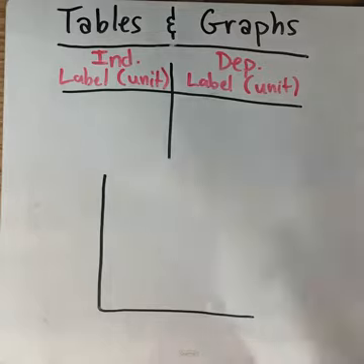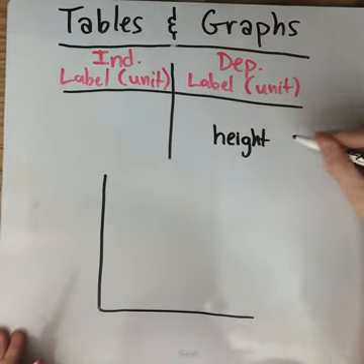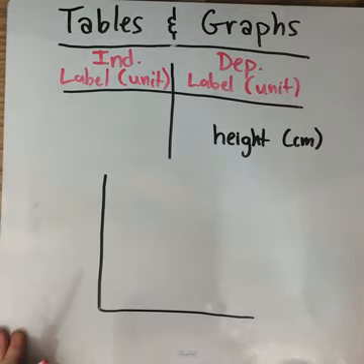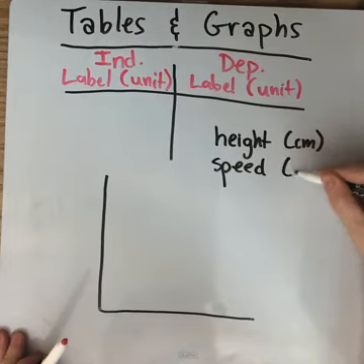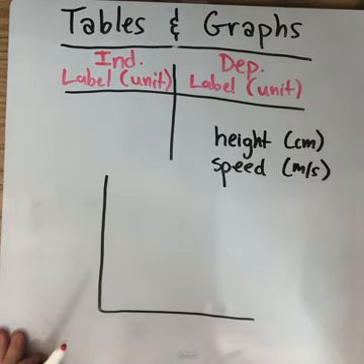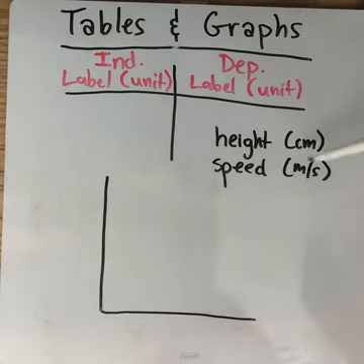An example of this might be height in centimeters or speed in meters per second. So the first word is the label, and the unit is what you were measuring with. Was it hours, days, seconds? Was it inches, centimeters, or miles? Okay, these units are very important.